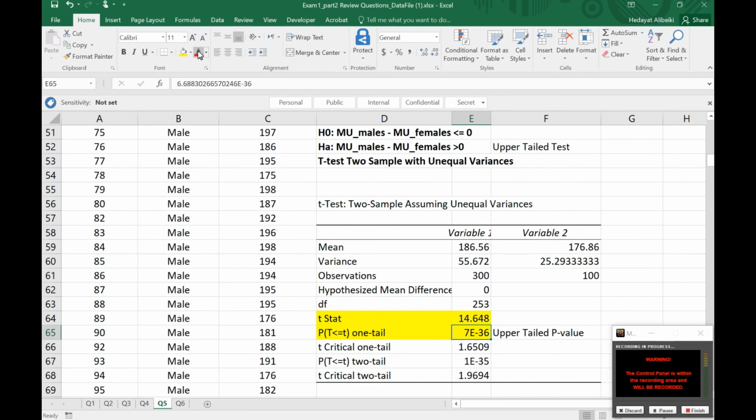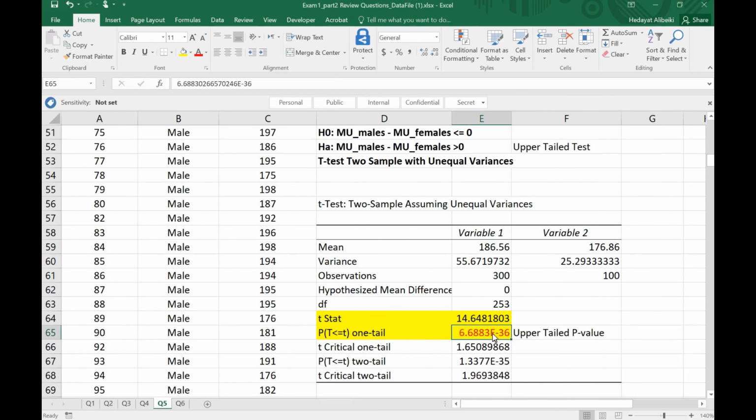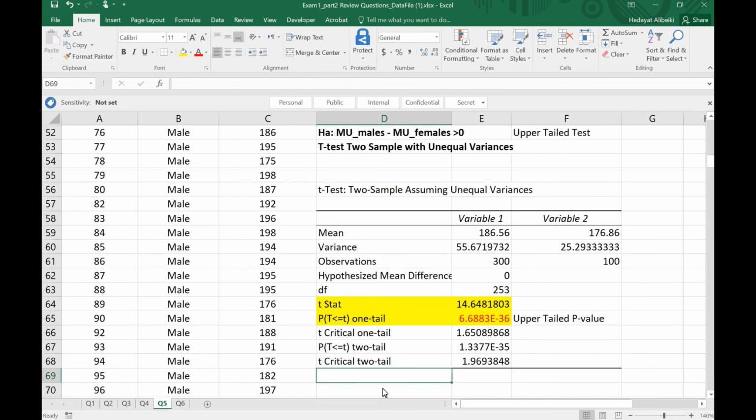So we just take this number and compare it to 5% alpha. Since this is significantly lower than alpha, we say that since the p-value is lower than alpha 5%, we reject the null hypothesis and take the alternative.